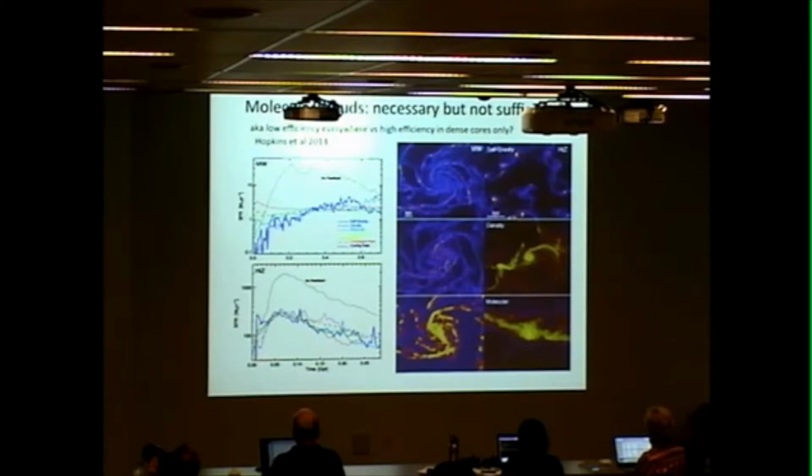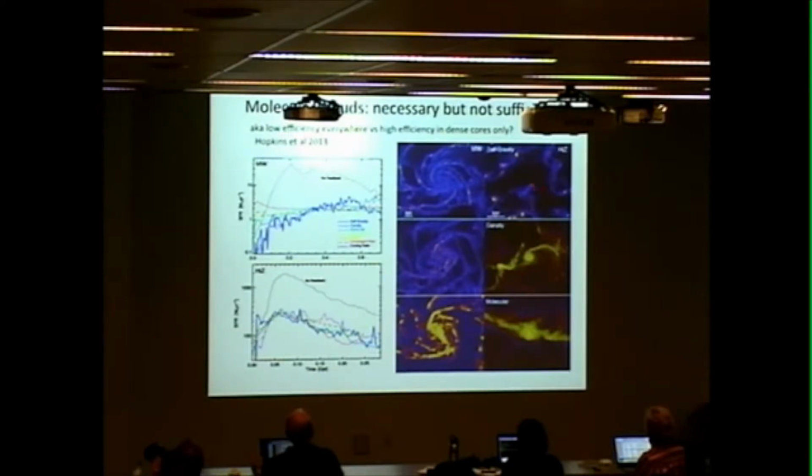What you see here is the star formation rate as a function of time for these 3 recipes: dark blue, light blue, and purple. And you see that the star formation histories for the Milky Way type galaxy are not very different. Also for the high redshift merger, it's not very different.